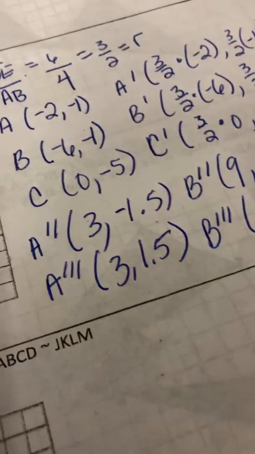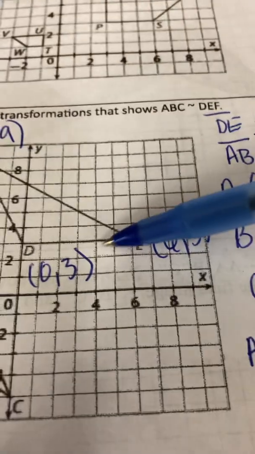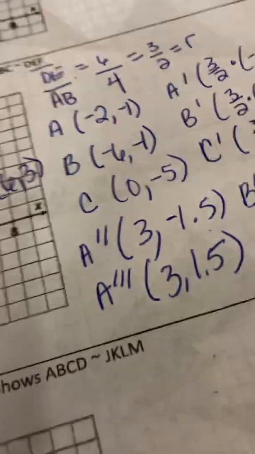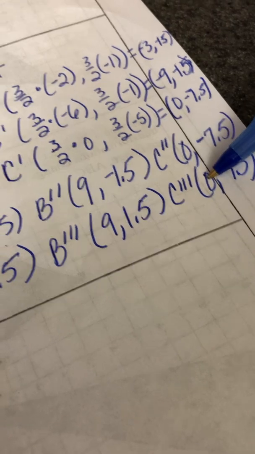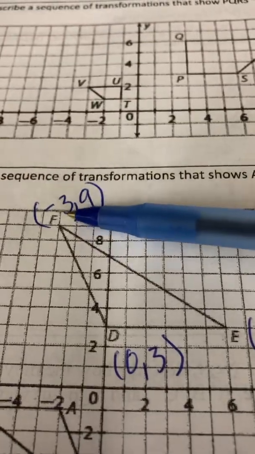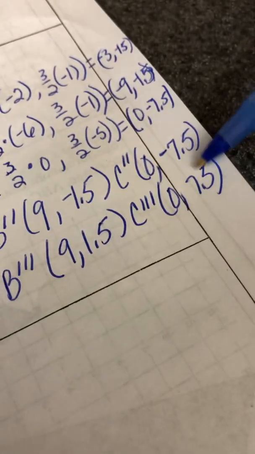Same here, 9 minus 3 is 6, which is this coordinate here. 1.5 plus 1.5 is 3. 0 minus 3 is a negative 3, which is my value here. And 7.5 plus 1.5 is 9.